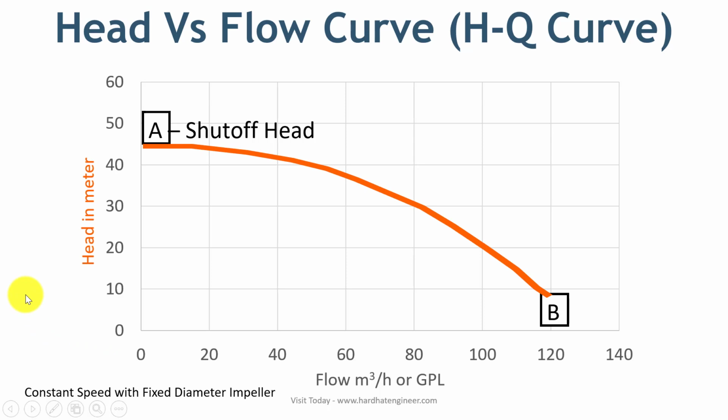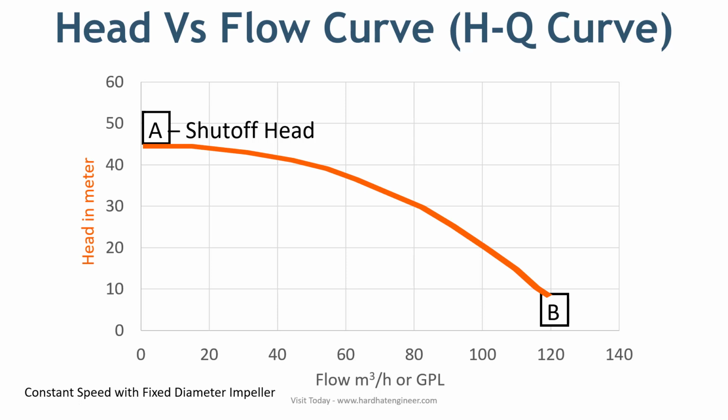The highest point A on the y-axis is called shutoff pressure. It means when there is no flow, this is the highest head available. Now point B on the x-axis is the highest flow from the pump when there is no head. Let me give you a practical example of this. Consider that you are watering the garden.